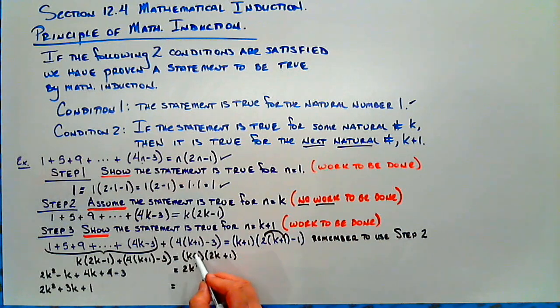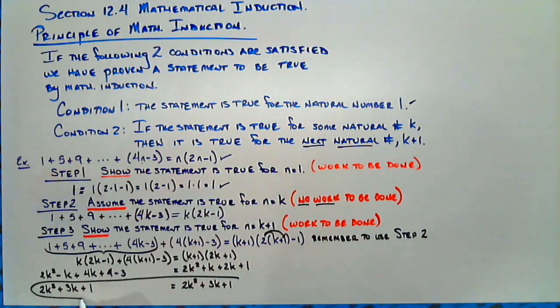K times 1 is plus k. 1 times 2k is 2k. And then 1 times 1 is 1. Now, what do we get if we collect like terms? 2k squared plus 3k plus 1. We showed the left-hand side matches the right-hand side.